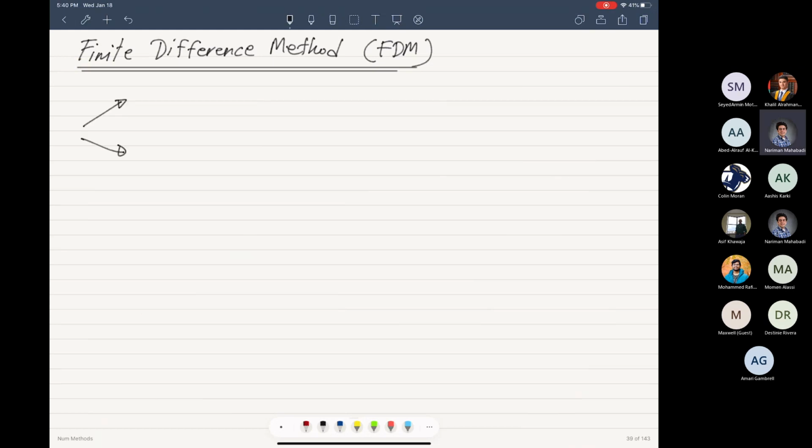As I explained, we have a finite number of grids, and this is in time and in space. So you should be able to approximate the derivative of an unknown function in time and space.